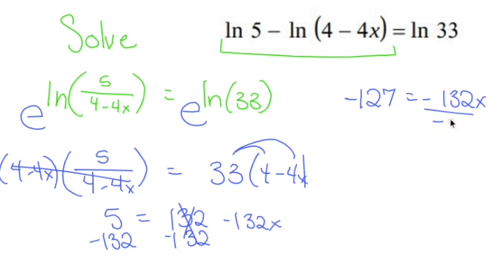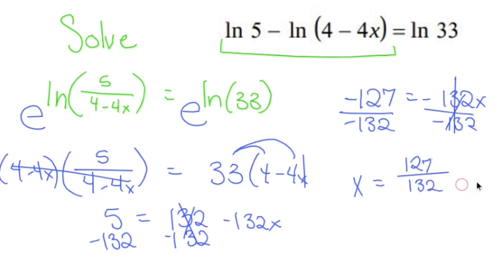Divide both sides by negative 132. Negative over a negative is a positive. And I'm pretty sure these guys don't simplify in any way, so I'm not even going to try. That's my answer. Fun, fun, fun.